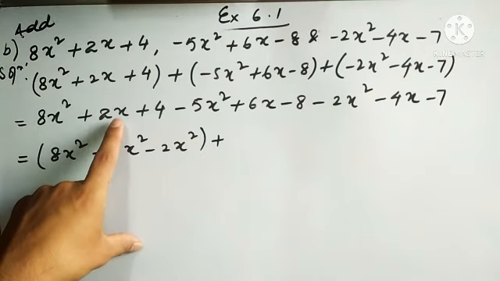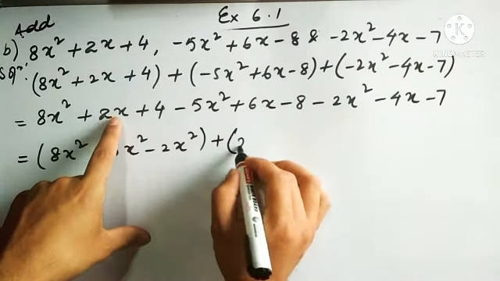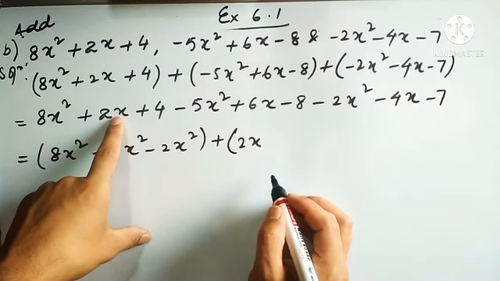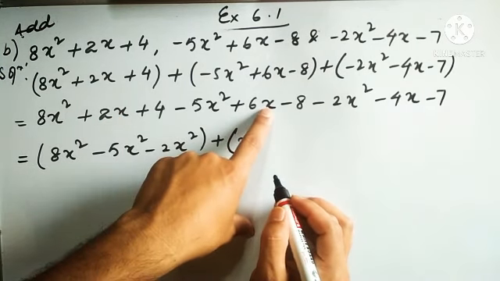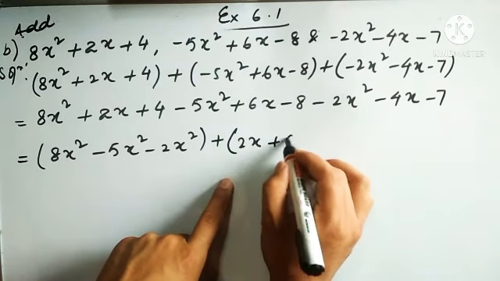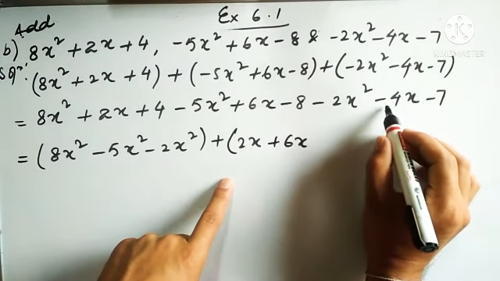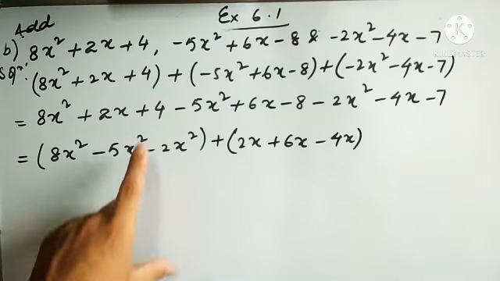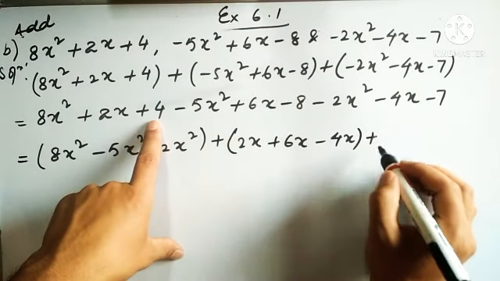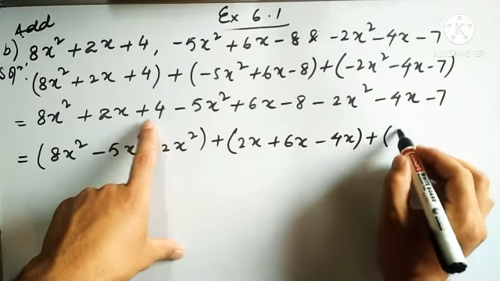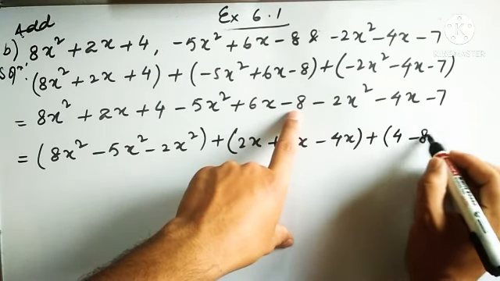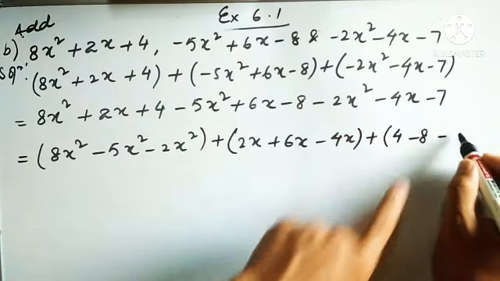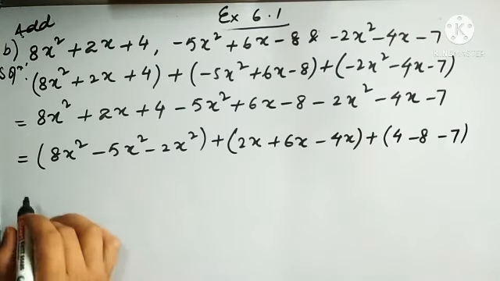Next, I find x to the power 1. So twice x, any other term with x to the power 1, yes, we have one more, plus 6x, and last we have minus 4x. Then we have the constant term, the term without variable. So here 4, and here minus 8, and from here we have minus 7.